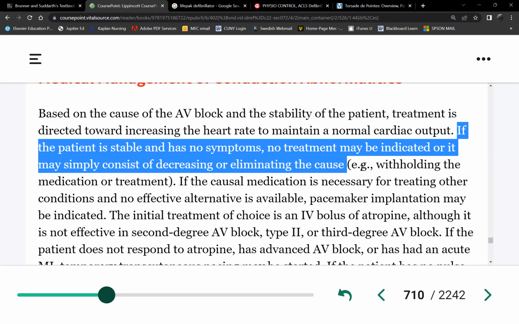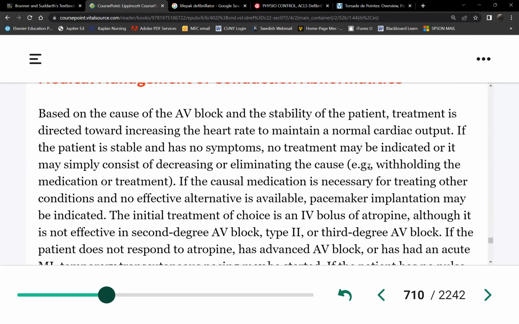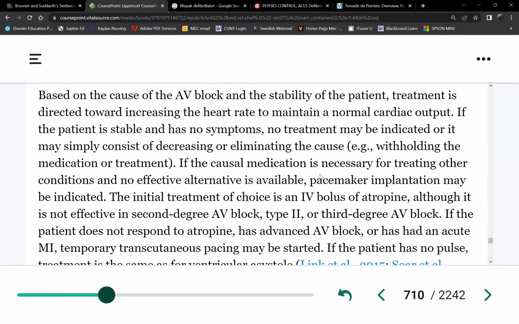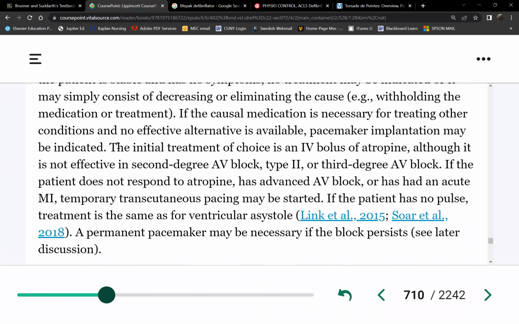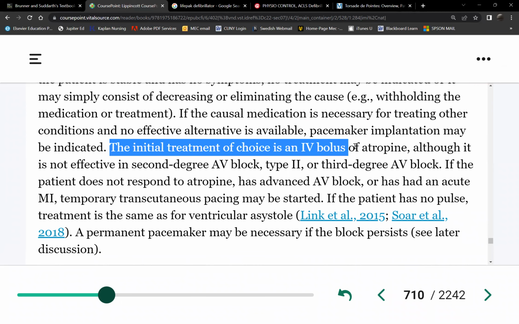So that's what I'm saying. If it's caused by a beta blocker, then you hold that. That may be the only treatment for first degree heart block. If symptomatic, initial treatment is atropine.